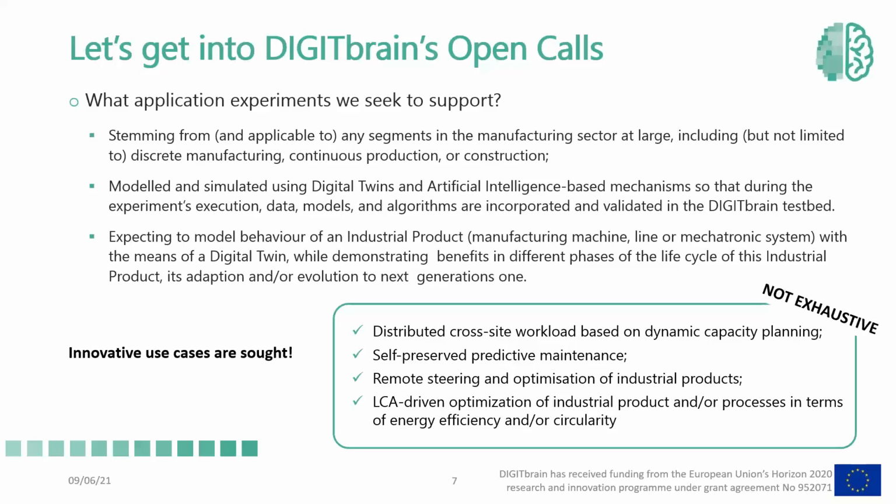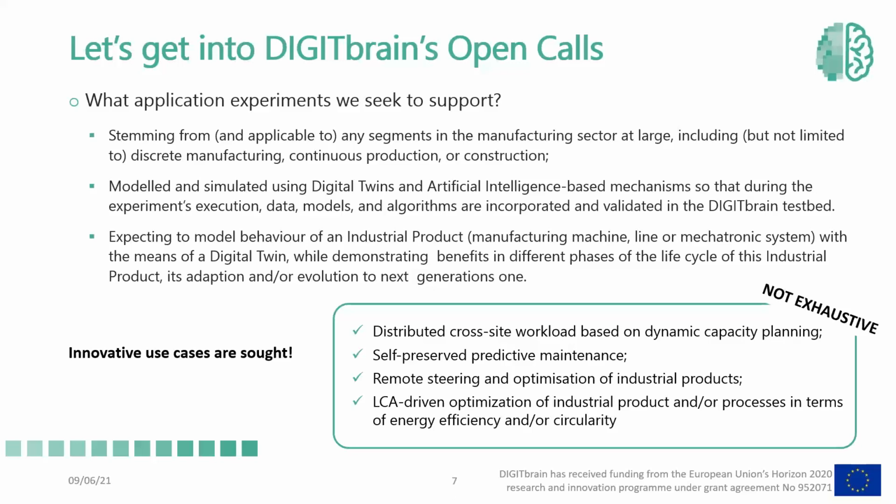Of course, Professor Anders Stork will better address this later on, but let me also give you some hints on which application experiments we are searching for. They can cover any segments in the manufacturing sector at large, with a preference for those segments where digital technologies are in a way underexploited.